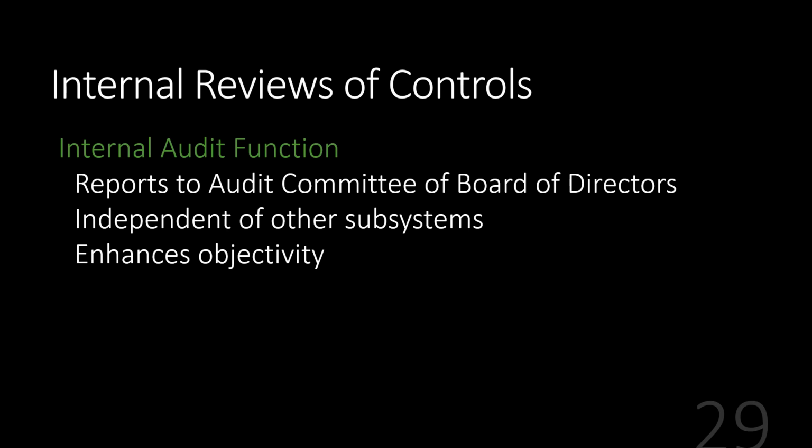It should report directly to the audit committee, and that's a committee on the board of directors. So it reports basically to the board of directors level. It should be independent of any other subsystem, if you will, any other chunk of the org chart in the company. And the idea there is that we want that internal audit to feel as objective as it possibly can.